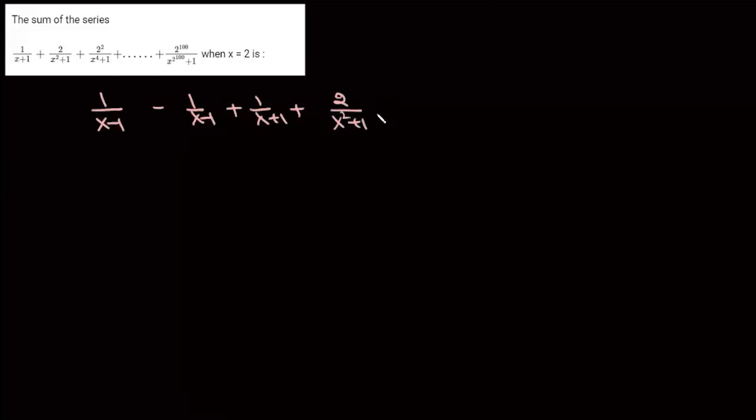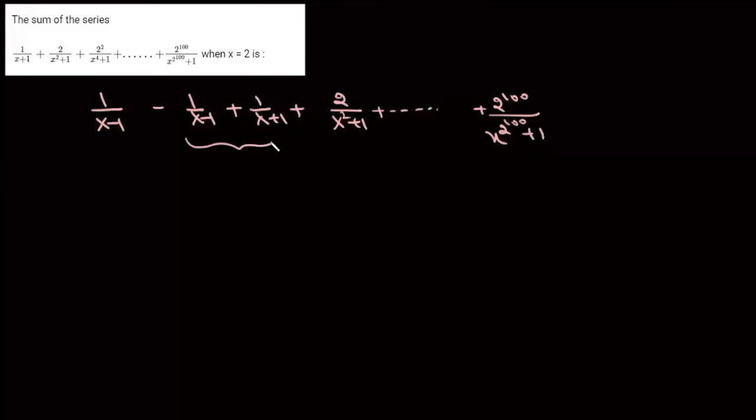subtract x minus 1. So we can write this as 1 upon x minus 1 minus 1 upon x minus 1 plus 1 upon x plus 1 plus 2 upon x square plus 1 up to 2 to the power 100 upon x to the power 2 to the power 100 plus 1.